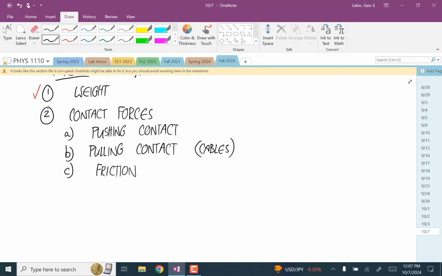So before I get into the other ones, I'm going to talk about something that we're going to use to keep our forces straight. And this is really important. You're going to have to do this before you use Newton's second law.